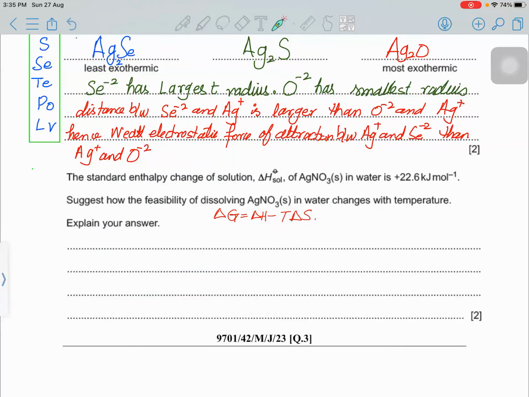Now listen again, delta S is not given, delta H is given. Okay, this value is positive. When you increase the temperature, again this factor increases, so again delta G would be negative.